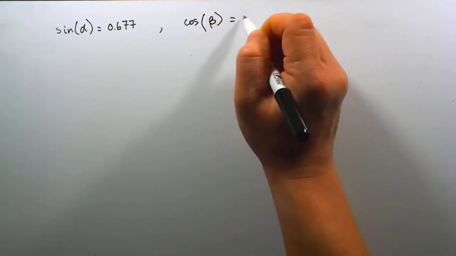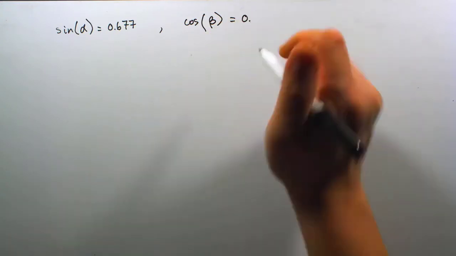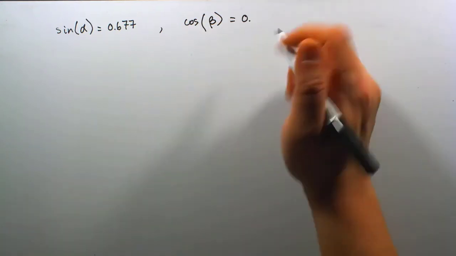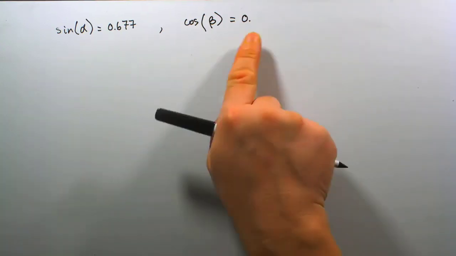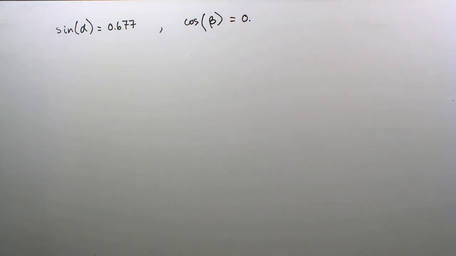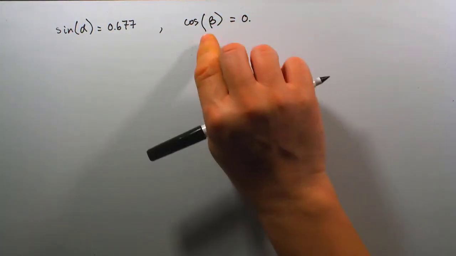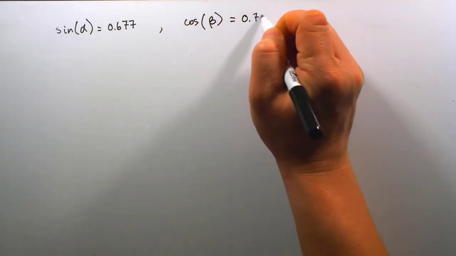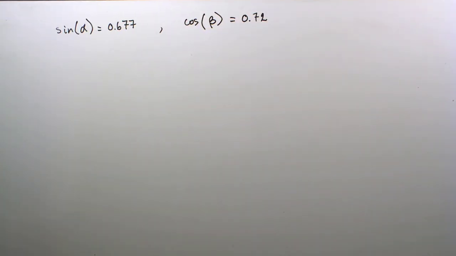These are two different angles, so their sine and cosine values are not related. I have to emphasize that these two values are not related. They are simply two pieces of given information.